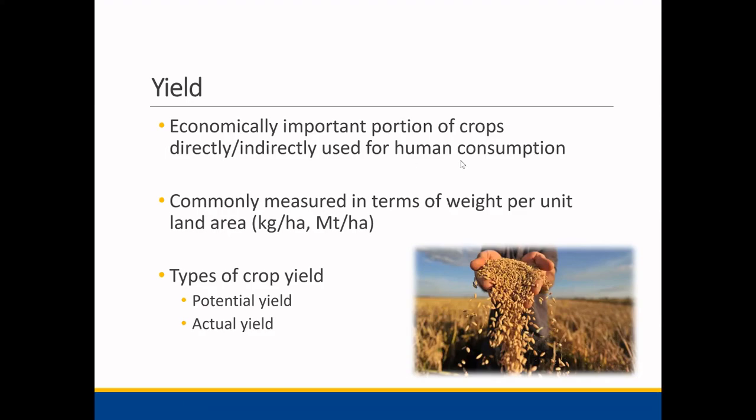Fruits, for example, you can consume directly, but other crops like rice need some sort of processing, so you cannot consume them directly. It is commonly measured as weight per unit land area.